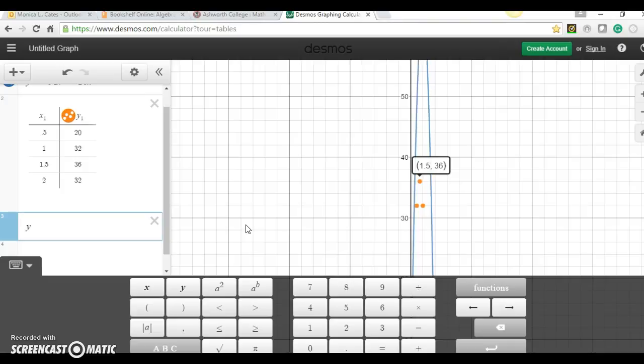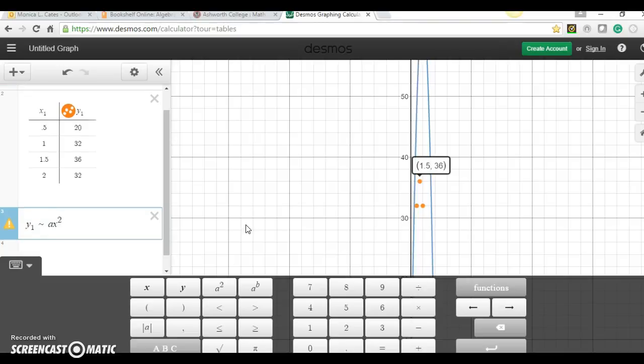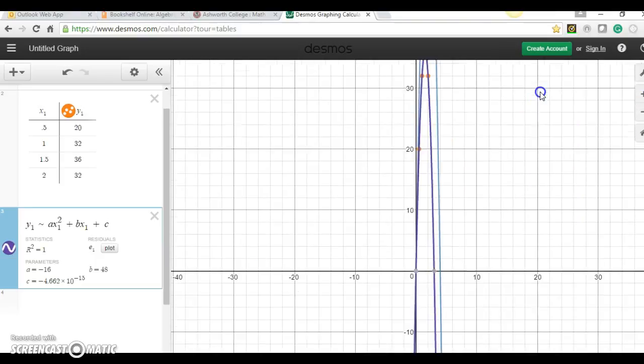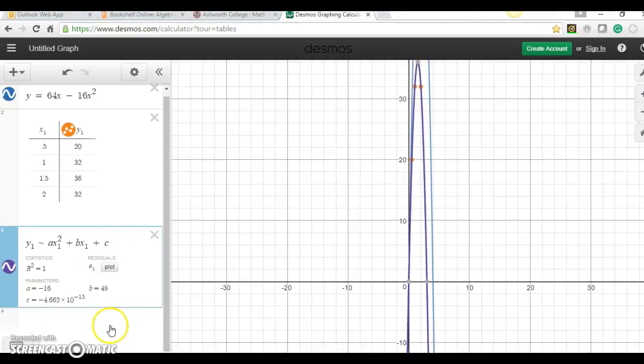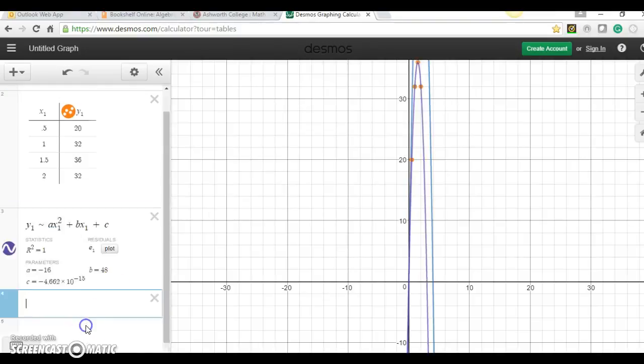I'm going to hit y1, the little tilde, ax1 squared plus bx1 plus c. And it gives me, as you can see, a curve that hits all the points. So that's probably what the parabola will look like.